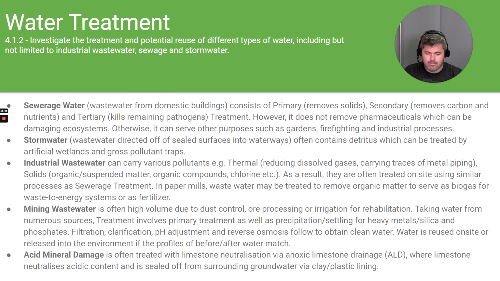Mining wastewater, and this one's pretty serious, is often high volume due to dust control, ore processing, or irrigation for rehabilitation. Taking water from numerous sources, treatment involves primary treatment such as precipitation or settling for heavy metals, silica, and phosphates.